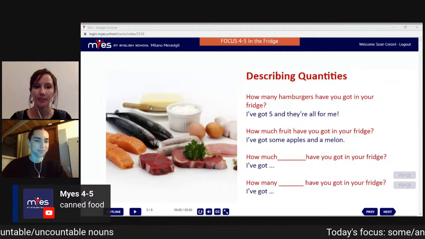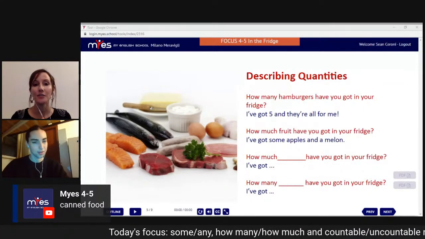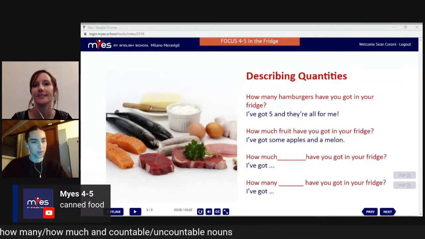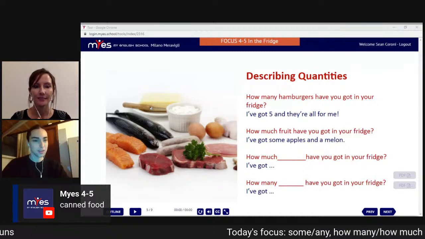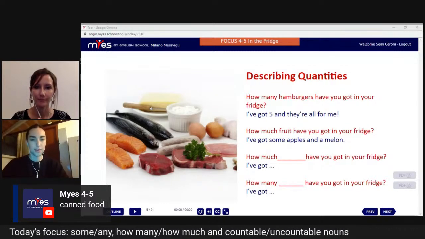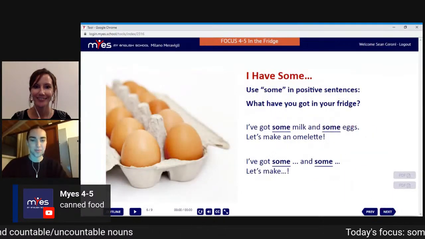You can also get tomatoes, puree. Very convenient, and it lasts a long time in the can. So for the quarantine, it's to be safe.